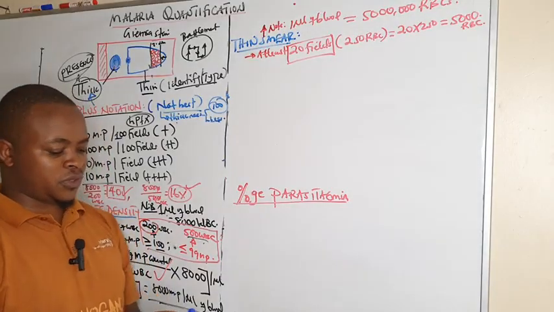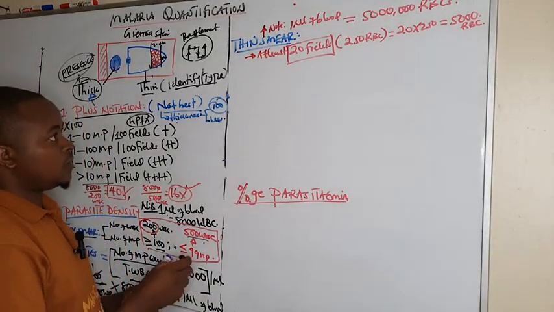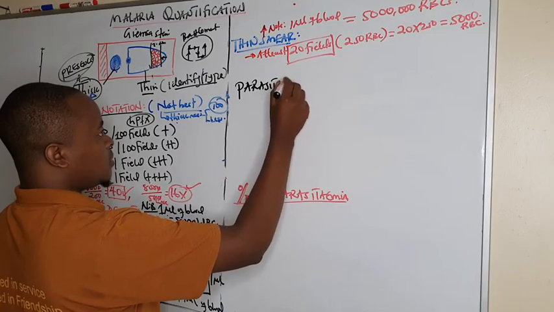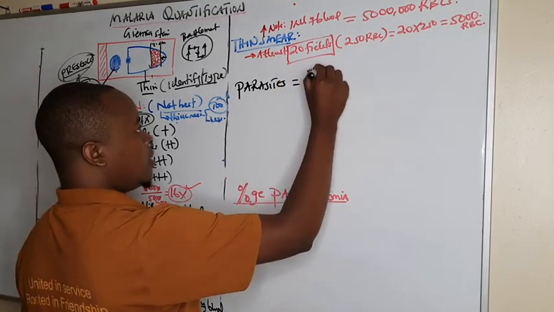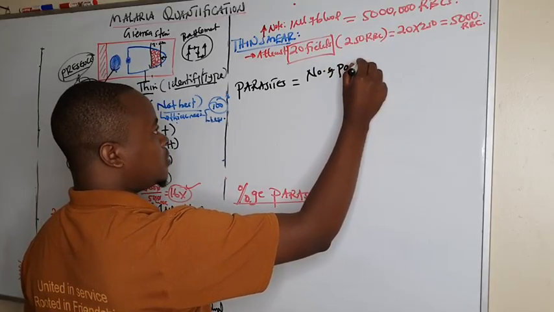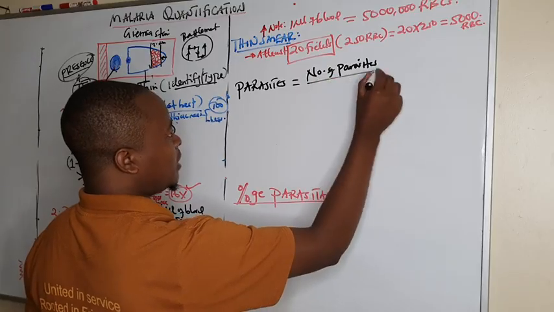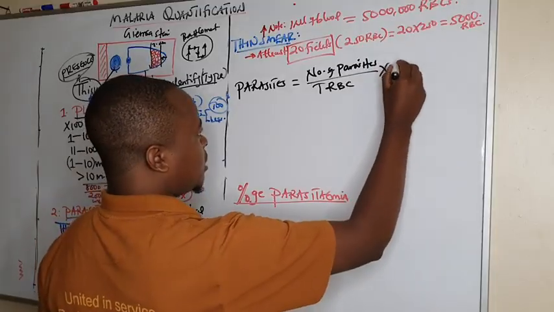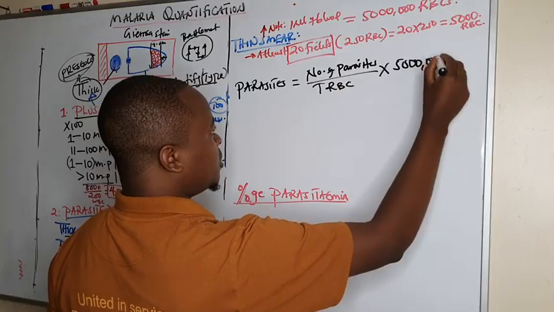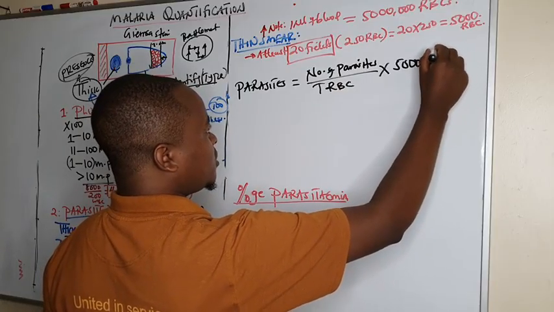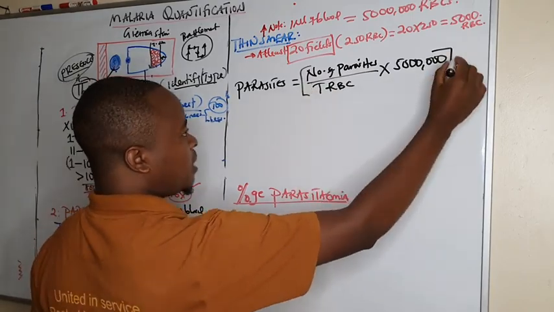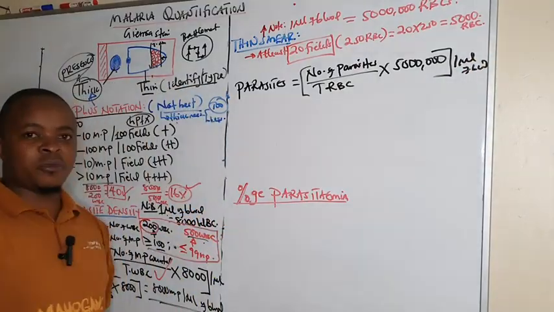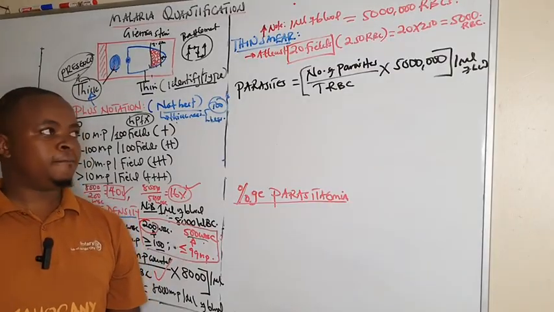The formula we use here is that the number of parasites is equal to the number of parasites counted divided by the total RBC counted, times 5 million, which is the approximate number of RBCs per microliter of blood. This is the standard formula which is WHO recommended.